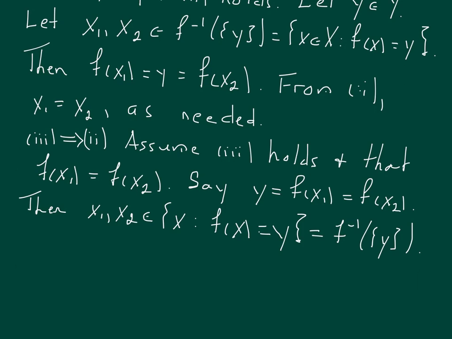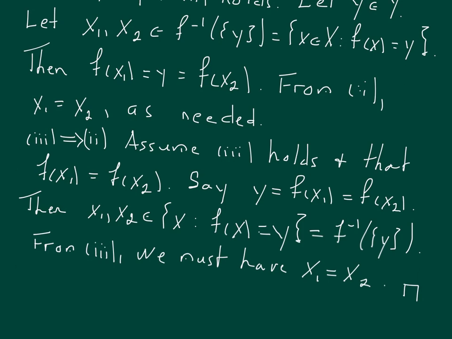So we can say from 3, we must have x1 equal to x2, and that's what we wanted to show. We wanted to show that if f(x1) is f(x2), then x1 is x2. That means that f is 1 to 1. And we are done.